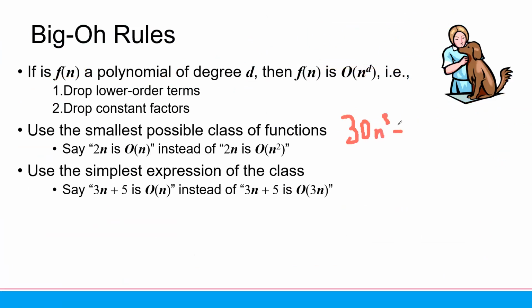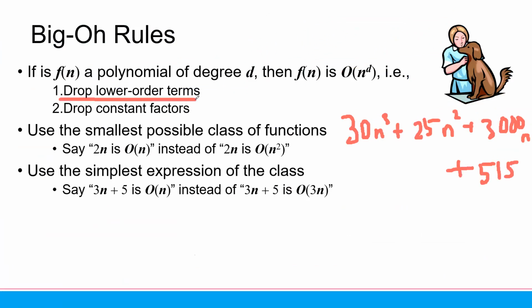For example, 30n^3 plus maybe 25n^2 plus maybe 3,000n plus 550. So the idea is to drop the lower order terms.